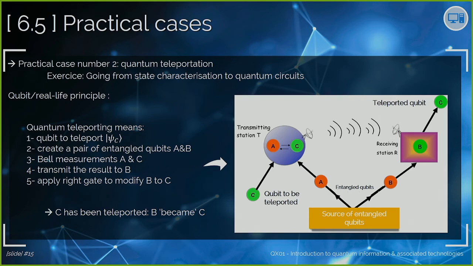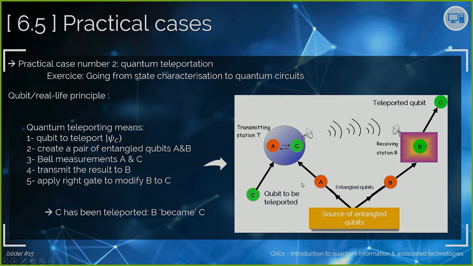So how do we do this in practice? We're going to see, again, in this case, how we go from state characterization to quantum circuits. Because it's a bit more complicated protocol than the one before, let's again step back and have a closer look at our actual system. If we talk about qubits, what we want to do here is teleport a particular qubit somewhere else.